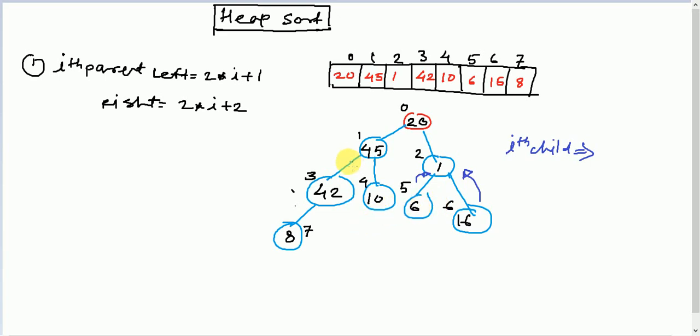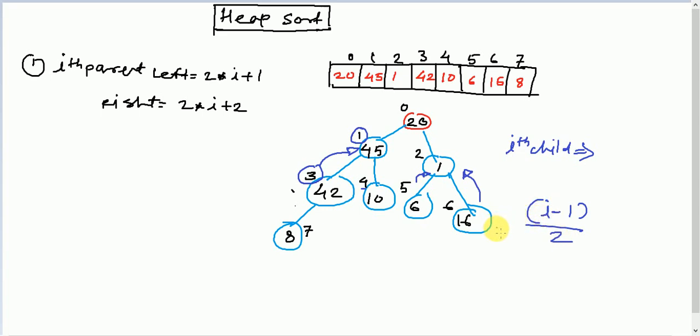If I is equal to 4, I am getting the parent at index 1. If I is equal to 3, I am getting the parent at index 1. Right? So you can see here, for the ith child, the parent will be found at I minus 1 divided by 2.